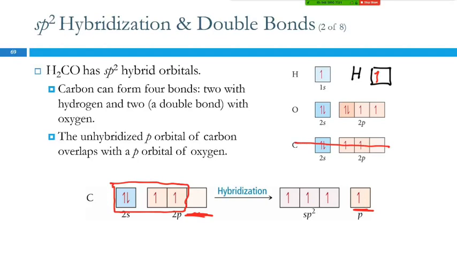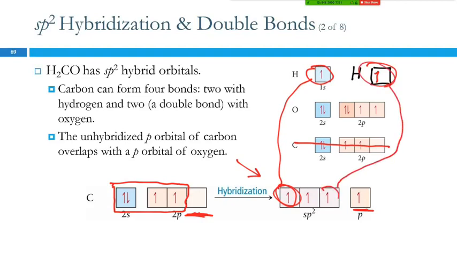We're going to ignore this one because we're going to use the hybridized orbitals. Okay, so hydrogen overlaps with one of these half-filled orbitals. The other hydrogen overlaps with one of the half-filled orbitals. This is in my way, so I'm going to make it go away. One of these half-filled orbitals overlaps with that.